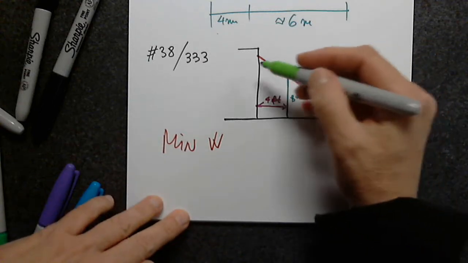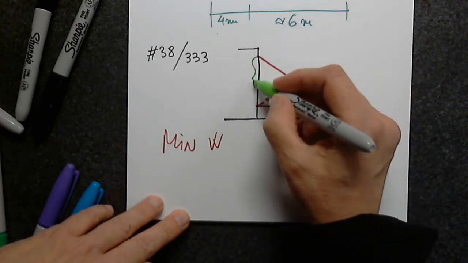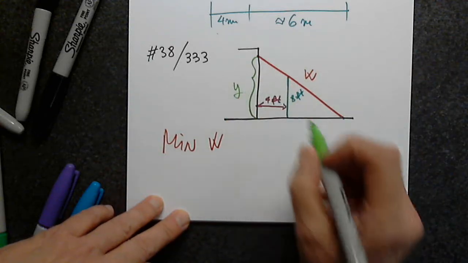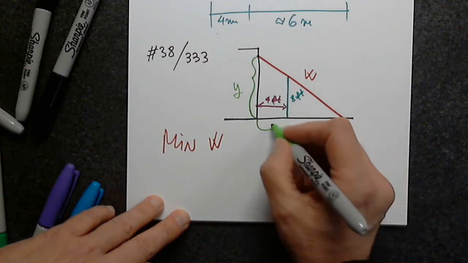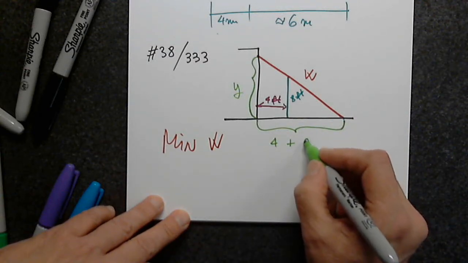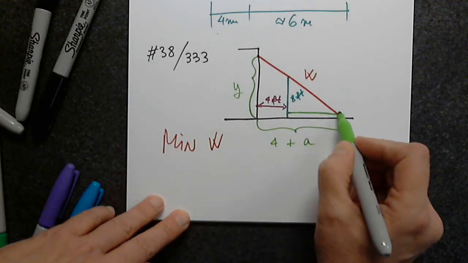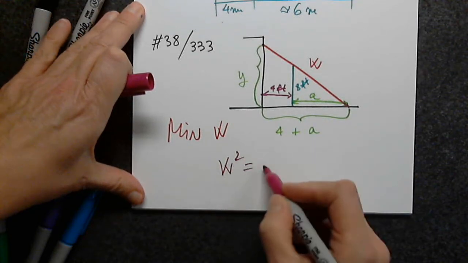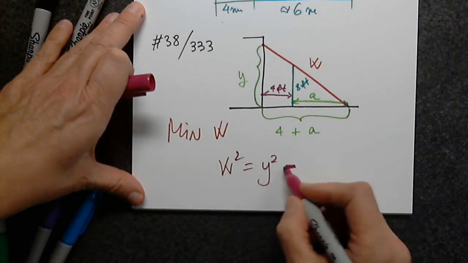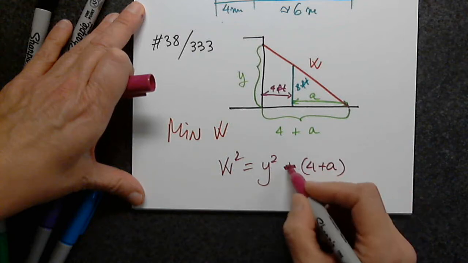Okay, so first of all, I'm going to have to denote a few things here. I'm going to say that this is Y, and this is 4 plus A. This piece is A. Using the Pythagorean theorem in the right triangle, W squared equals Y squared plus (4 plus A) squared.